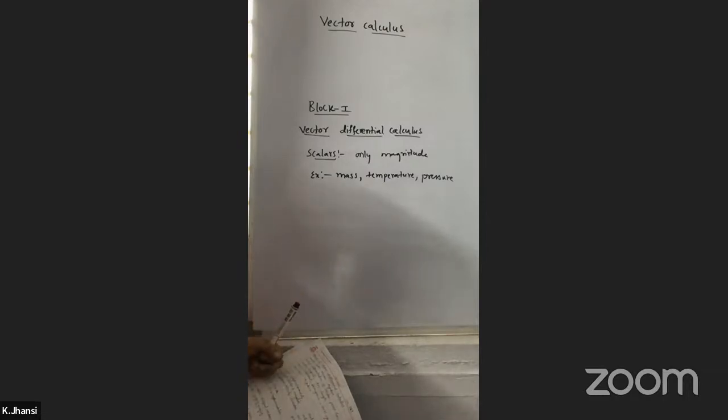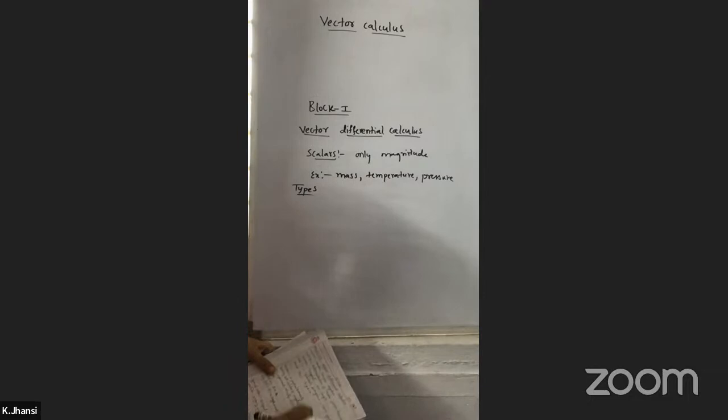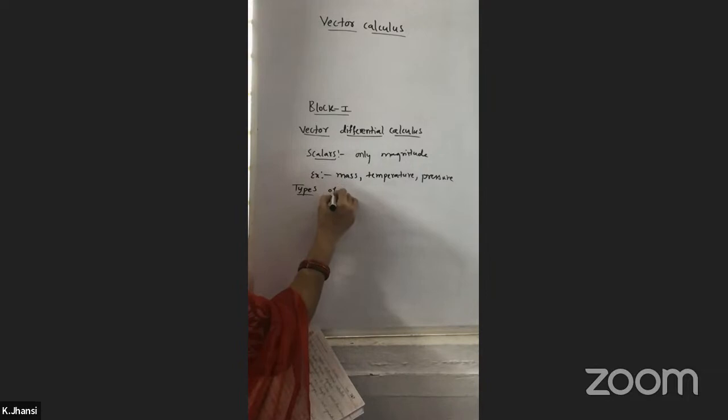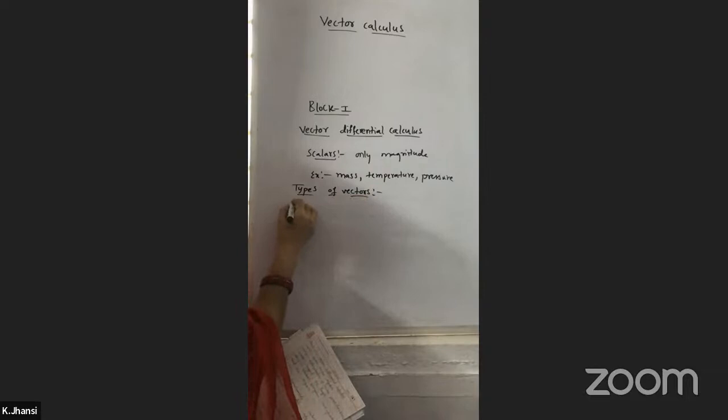So the next concept in block 1, unit 1 is the types of vectors. Different types of vectors will be there. The first one is equal vectors. Equal vectors must compulsorily go in the same direction. If two vectors go in the same direction and also have the same length, then such vectors are called equal vectors.